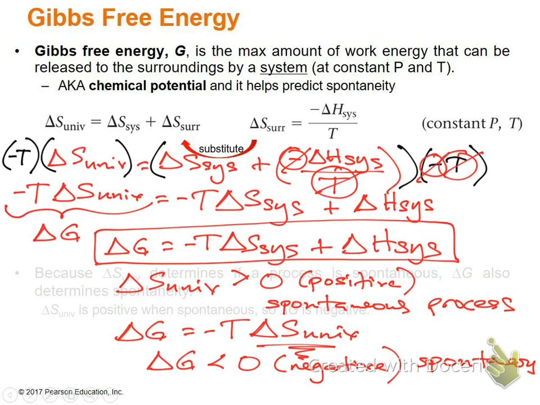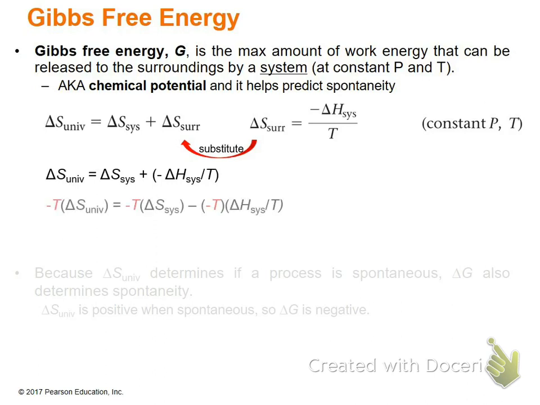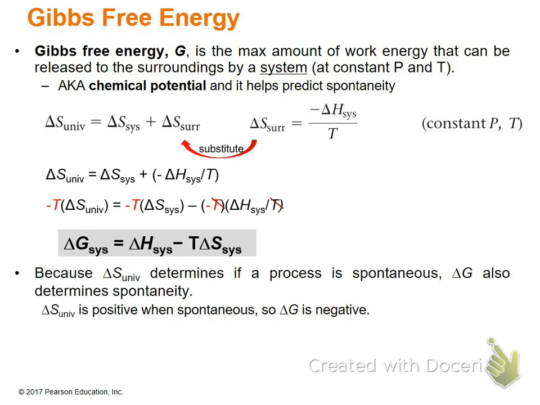If you know that relationship, then you'll be okay on the test. All right, so here's a cleaner version. Again, when delta S universe is positive, being spontaneous, then delta G has to be negative.